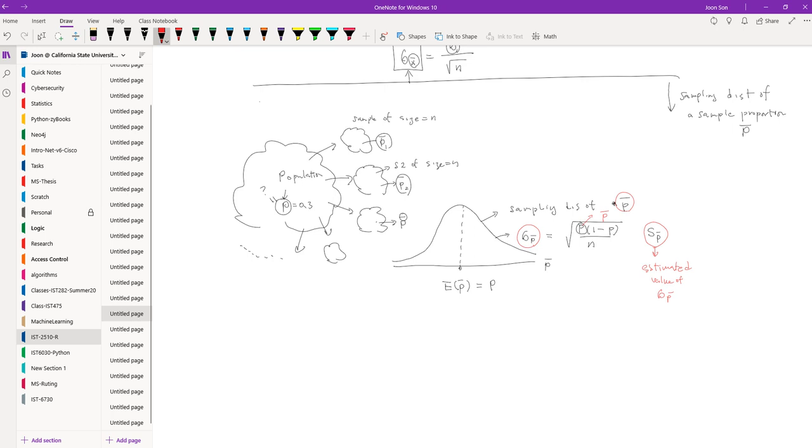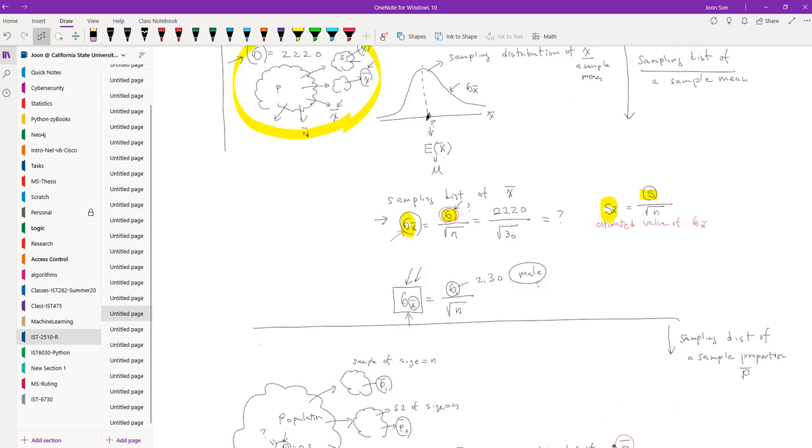The equation is very similar: the square root of P bar times 1 minus P bar, divided by n.